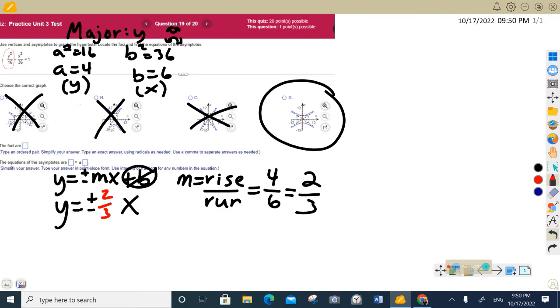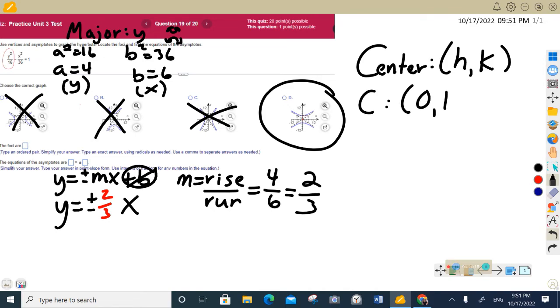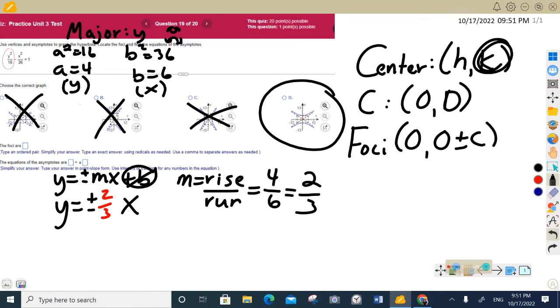Now, don't forget our foci. For foci, you have to add or subtract c. Now, the major axis was y. Since your center is h comma k, and on our equation they both were 0, and y was the major axis, we're going to add or subtract plus or minus c to the y value.